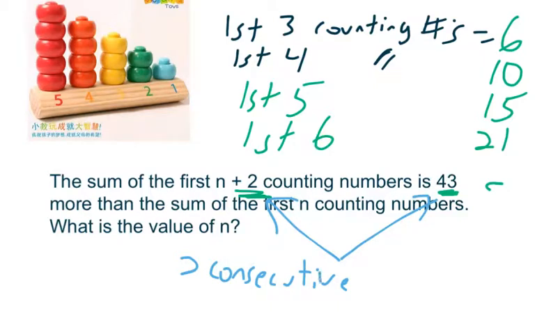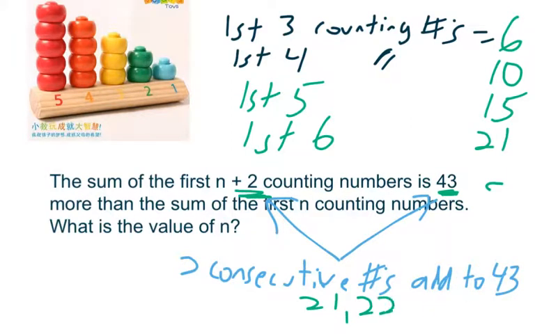The 2 consecutive numbers that add to 43. And a quick way to find those numbers is to divide this by 2, which would be 21.5, and then they have to be to the left and to the right. So the answer is going to be 21 and 22 add to 43.